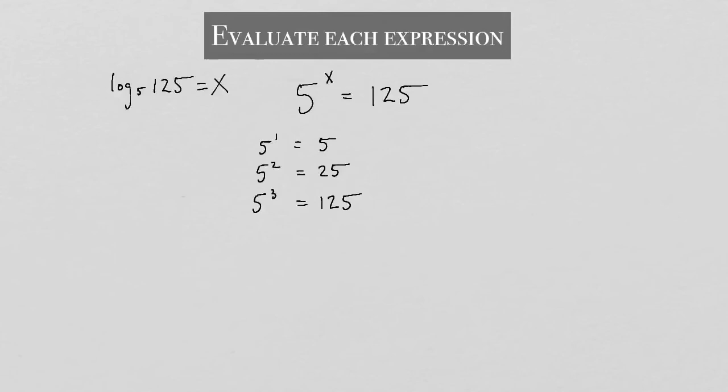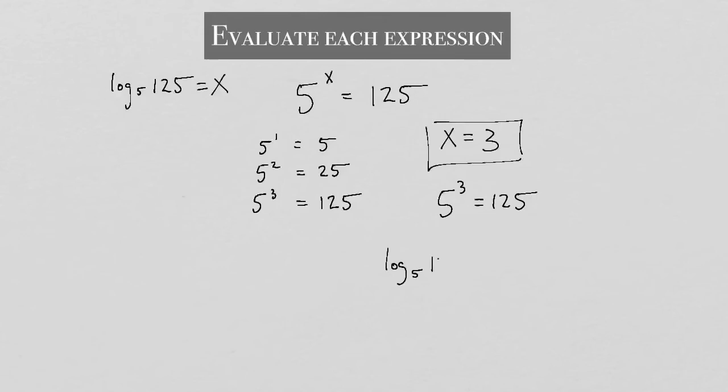Looks like we have a winner. Looks like we're going to say x equals 3. Right? 5 cubed equals 125. Therefore, we have log base 5 of 125, we're going to say that equals 3.